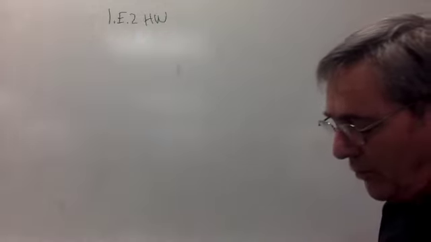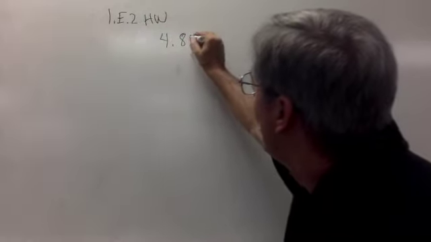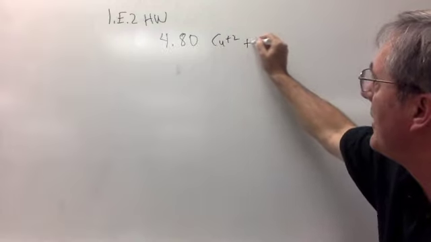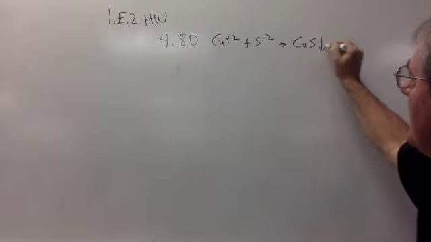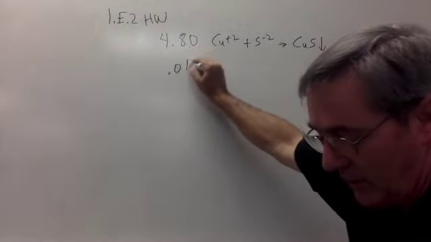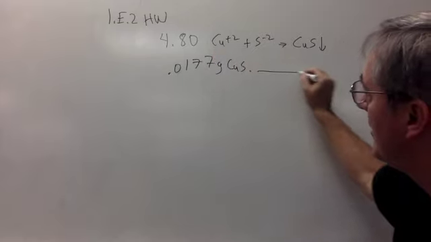So now we're in 4.80. The net ionic equation is between copper plus 2 and S minus 2 to make CuS. We have 0.0177 grams of CuS.